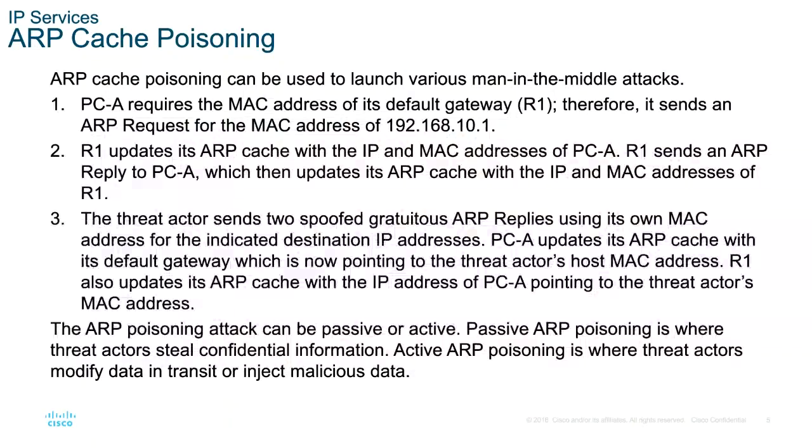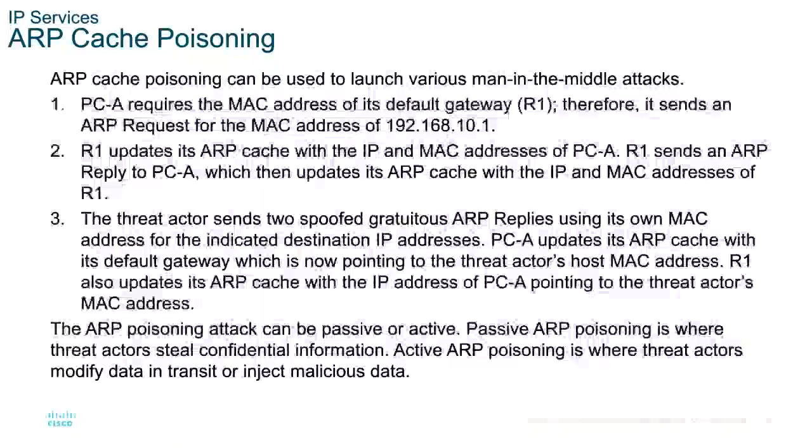Router 1 updates its ARP cache with the IP and MAC address from PCA and replies with the information to PCA that it's requested. The threat actor sends 2 spoofed replies using the MAC address indicated within the information of the original request.